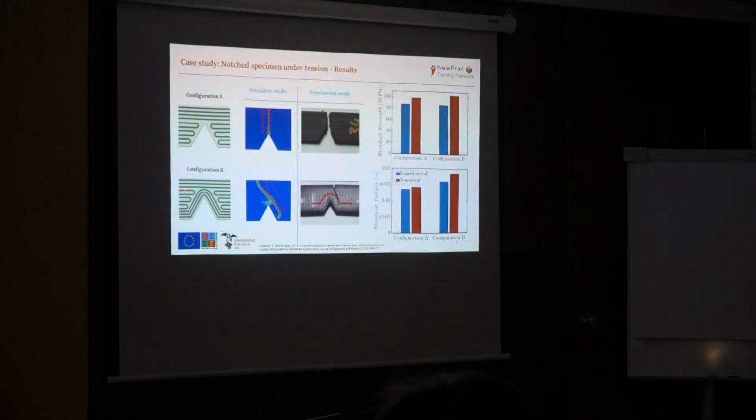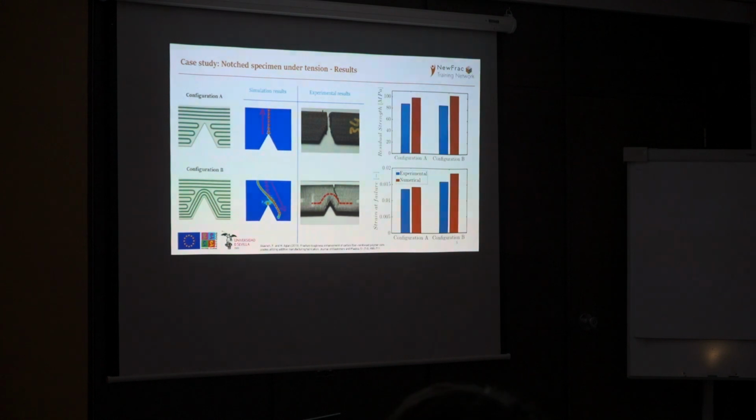It would be interesting to also add some plasticity in the model in order to check what's actually changing, especially in the peak load that the specimen can sustain. So yeah, it's a good suggestion, since we already had in mind adding some plasticity for the matrix. Okay, thanks.